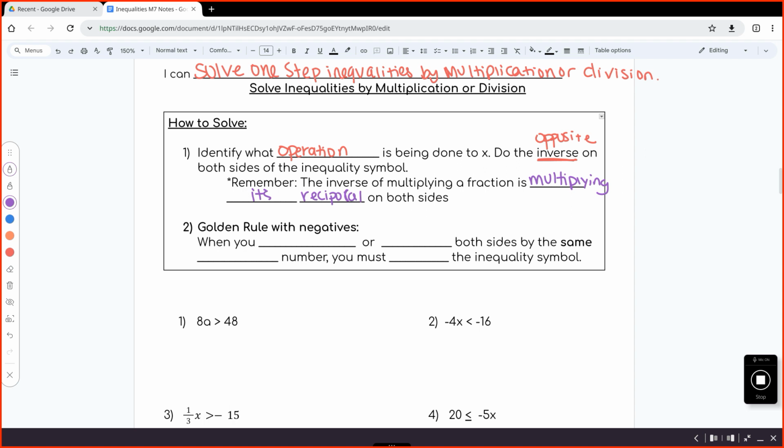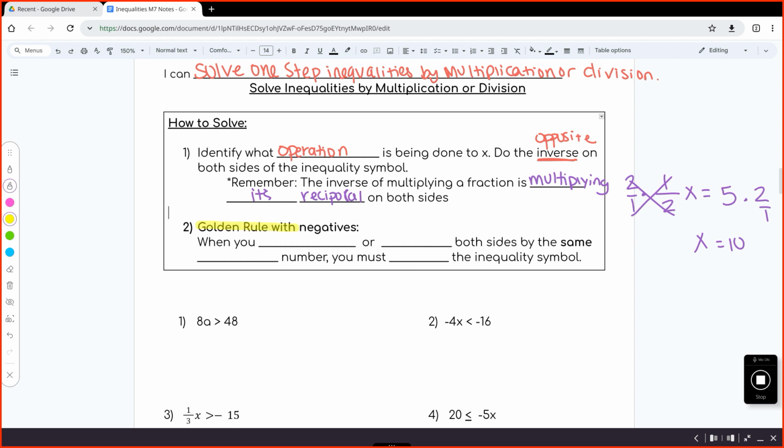In other words, if you have 1/2 x is equal to 5, the opposite of taking half of a number would be to double it. So multiply by 2 on both sides, or multiply by its reciprocal. That leaves you with x equals 10. Just a little refresher.